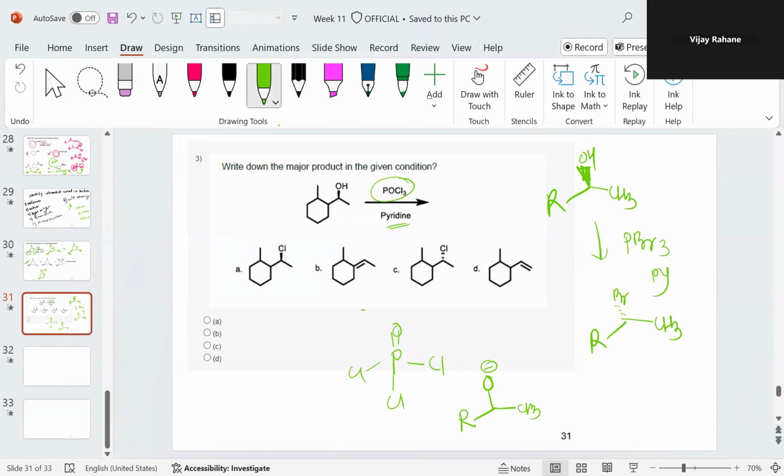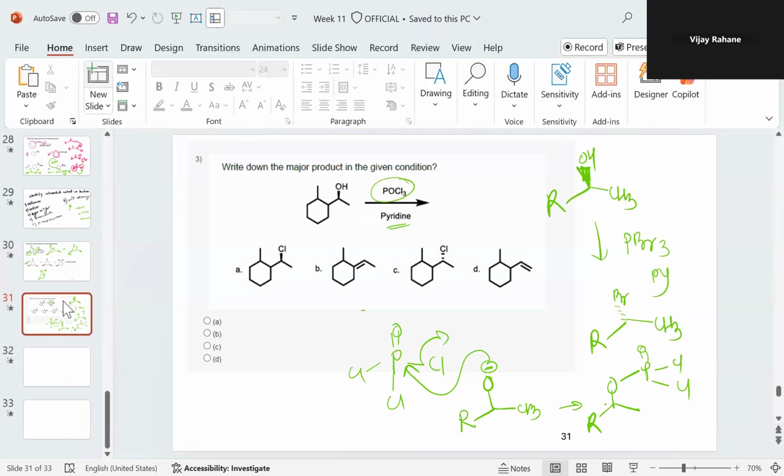So this O negative can now attack the phosphorus center, and Cl minus is eliminated. So it will form this R group, the cyclohexyl chain that I will just draw as it is, with O, P double bond O, Cl and Cl. So this is the intermediate we get in the reaction.